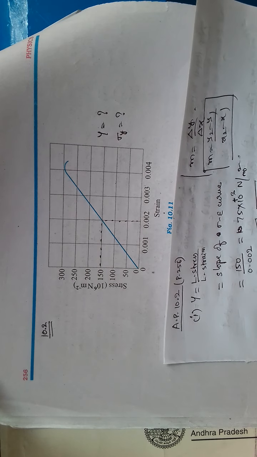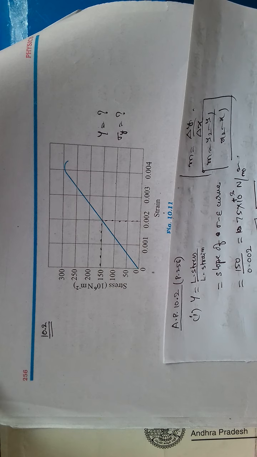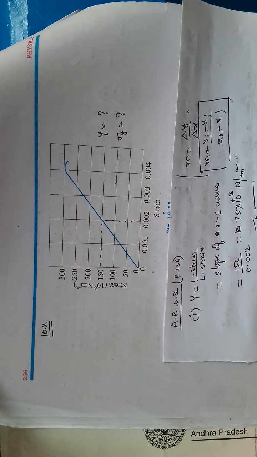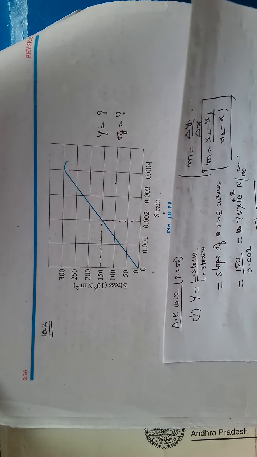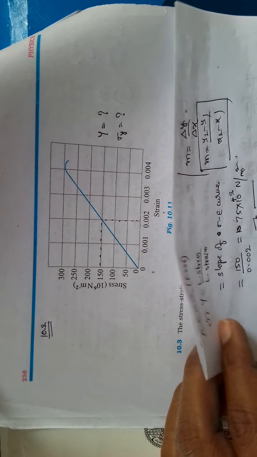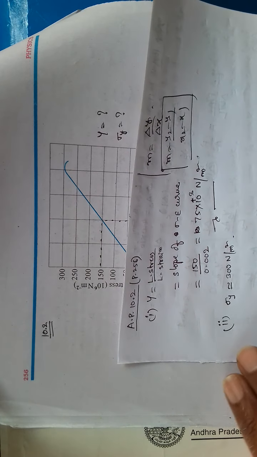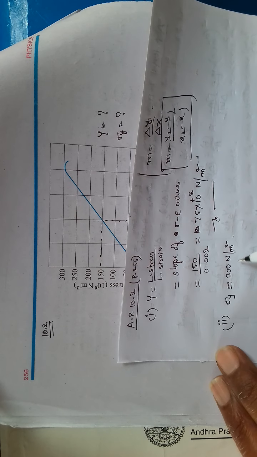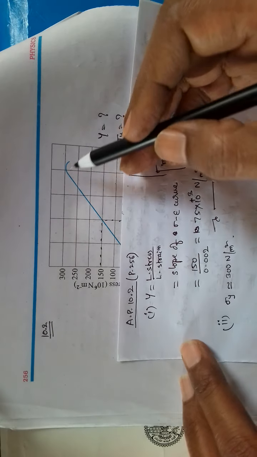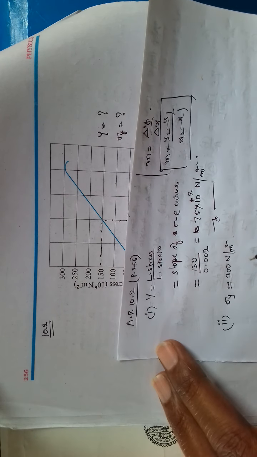So sigma y is nearly equal to 300 Newton per meter square.